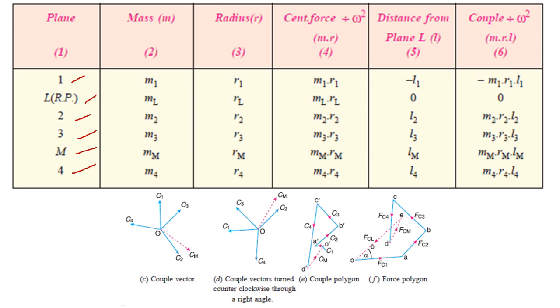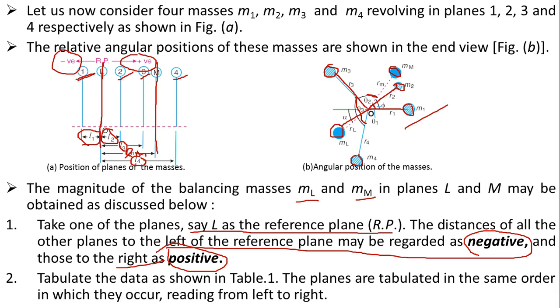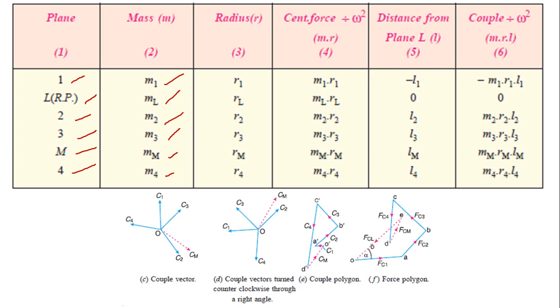Then similarly the masses will be M1, ML, M2, M3, MM and then M4. So these are the masses. Then correspondingly the radii. So the radius for M1 is R1, M2 is R2, MM is RM, then M3 is R3. So we take here R1, RL, R2, R3, RM, R4.